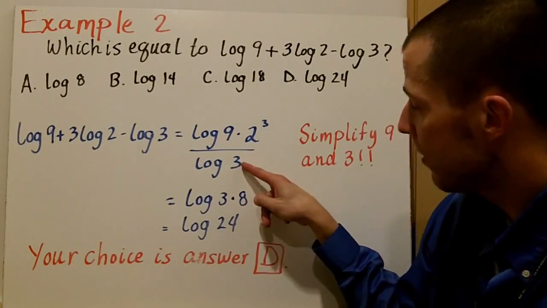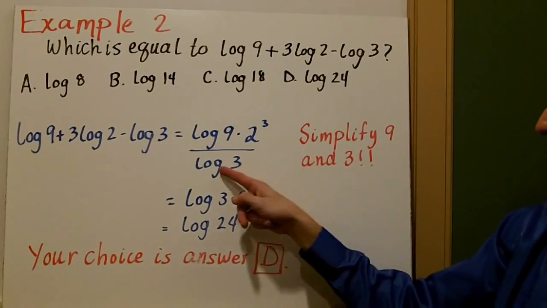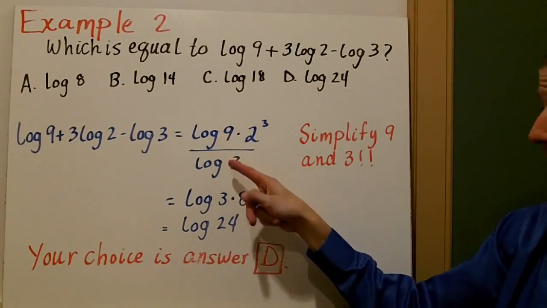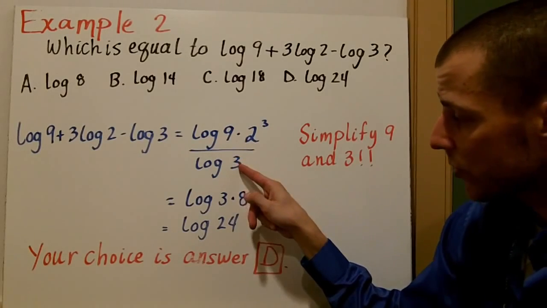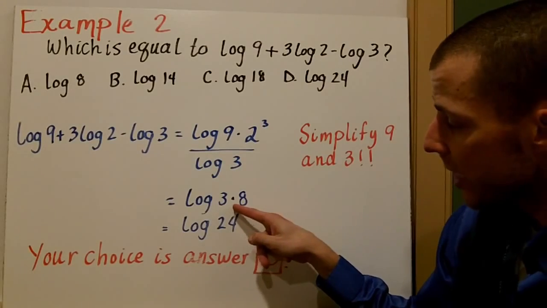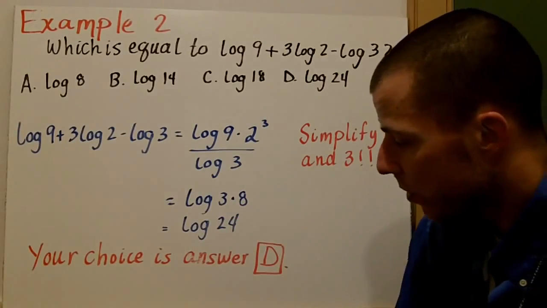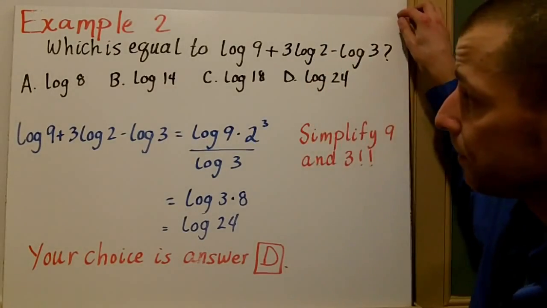Now you can actually simplify the 9 and 3 because they have that same base. It's actually base 10. So 3 goes into 9 three times, 3 goes into itself once, and we're left with log 3 times 8, which is log 24. So our answer choice for this is D.